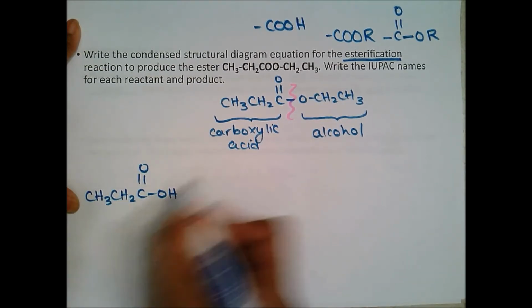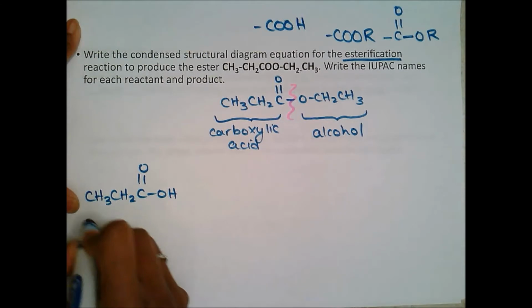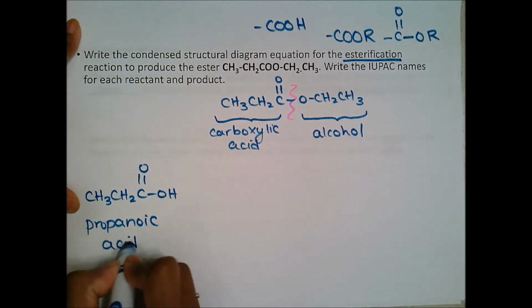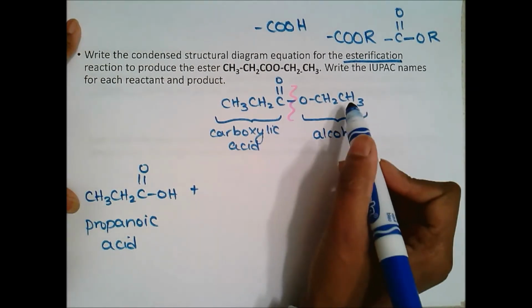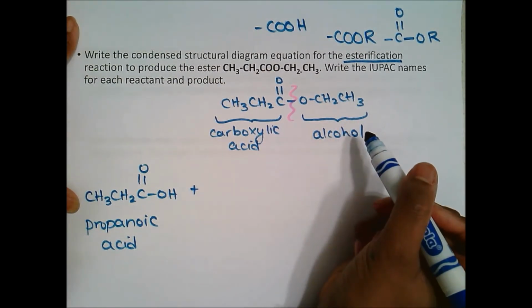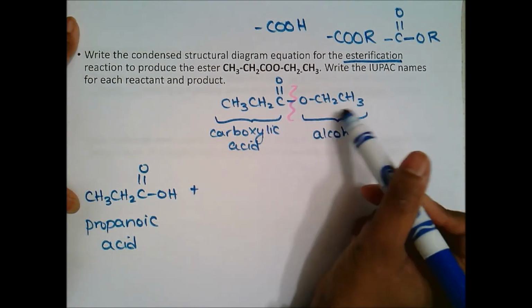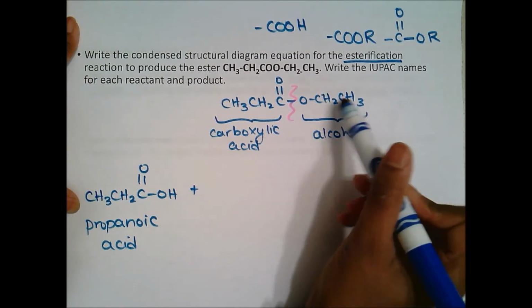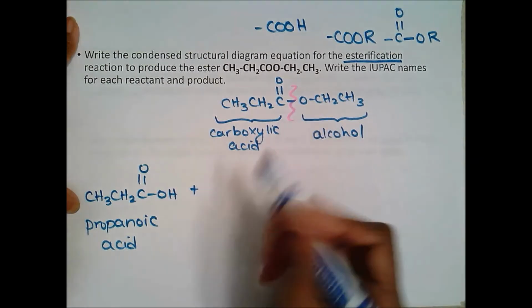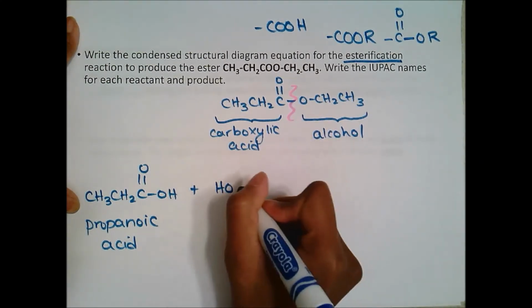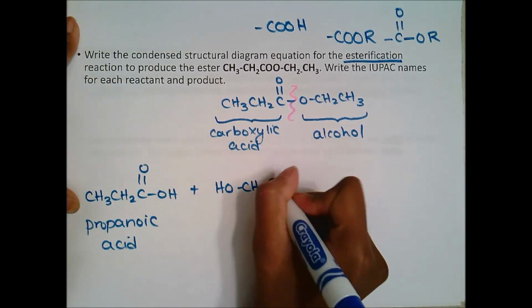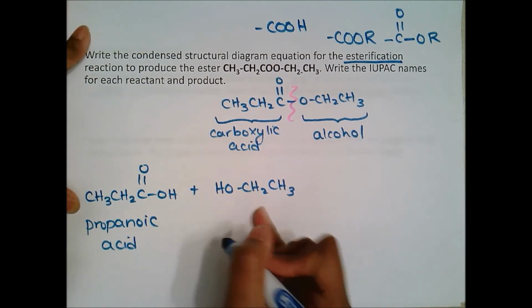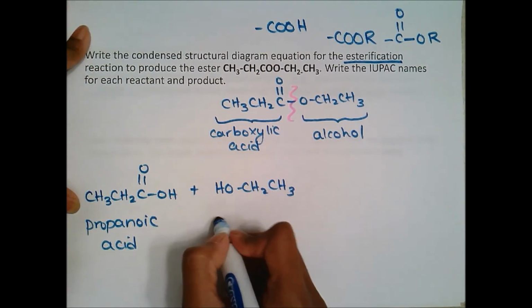So that was our original starting material, propanoic acid. And can you tell me how many carbons were originally in our alcohol? Again, yes. So if this is my alcohol portion, I would have seen that it had 2 carbons. So I'm really just adding the hydrogen here. I would have been having this as my starting material for the alcohol. So this is ethanol.